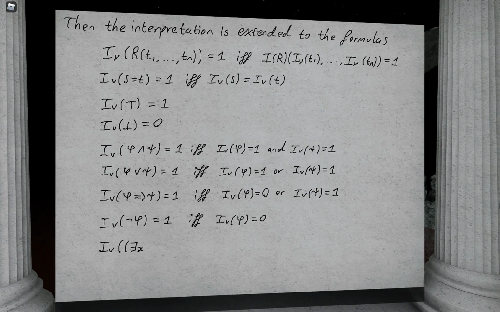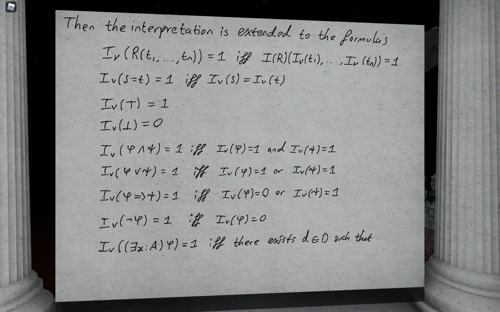Okay, the rules for interpreting existential and universal quantification require a bit of a comment. There is a bit of extra notation which is about to be used. What we want to be able to do is take the valuation that we have and amalgamate it. We're going to change what one of the variables maps to and then consider the resulting valuation.